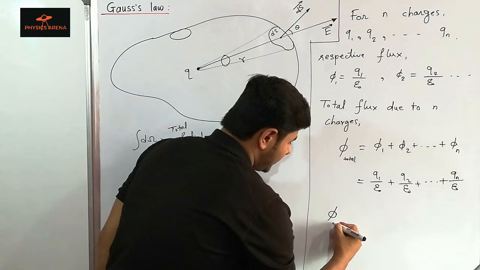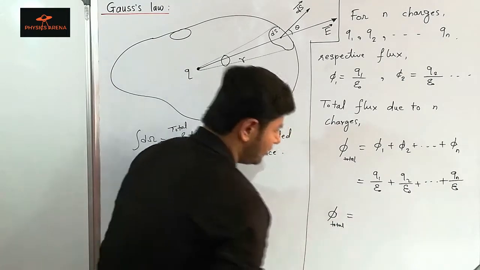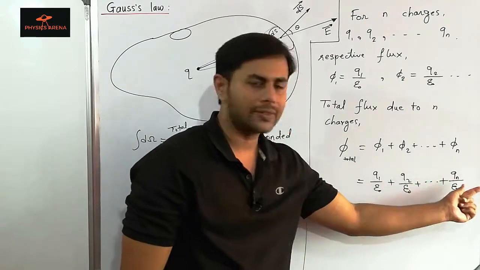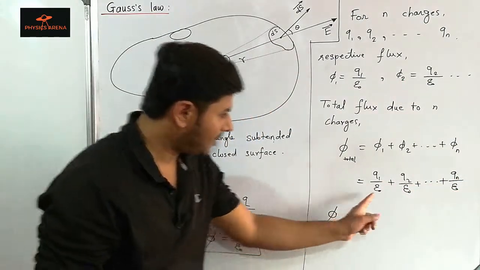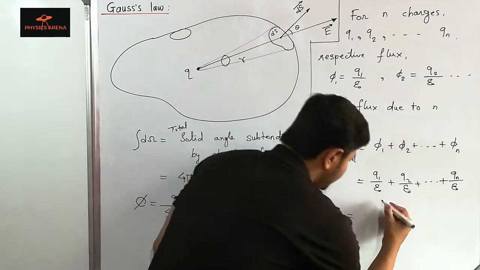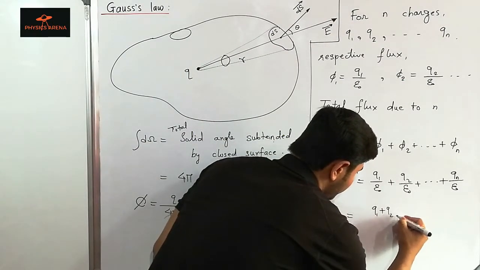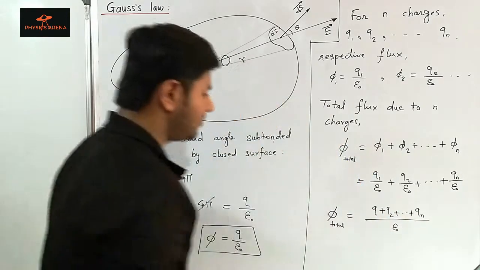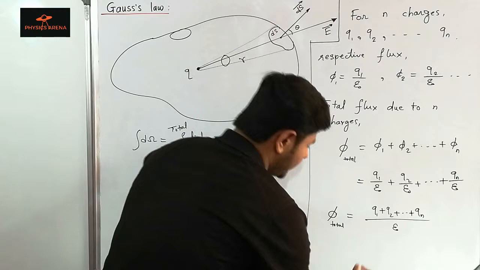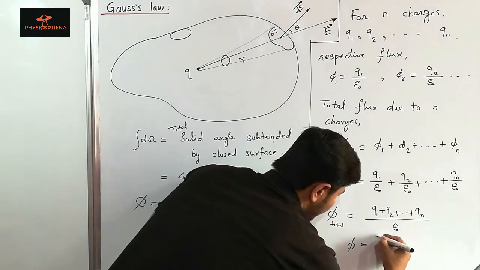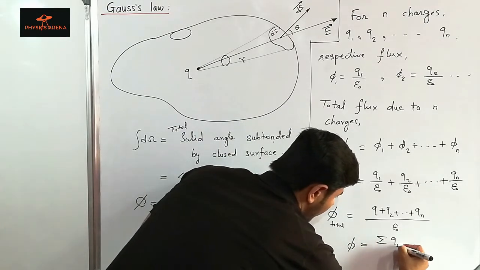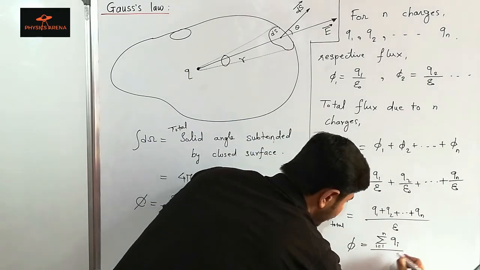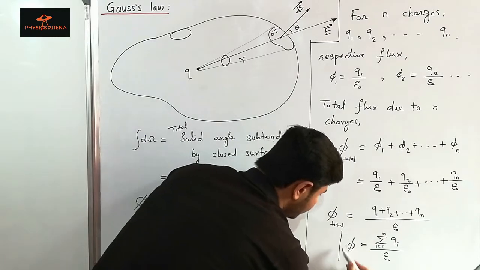So that means phi total is equal to the sum of the charges q1 plus q2 plus up to qn divided by epsilon naught, and that means that it is just the summation of all the charges qi, where i runs from 1 to n, divided by epsilon naught.